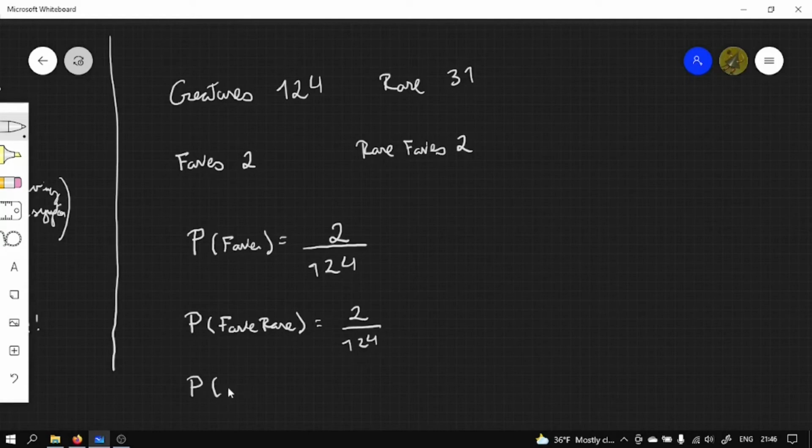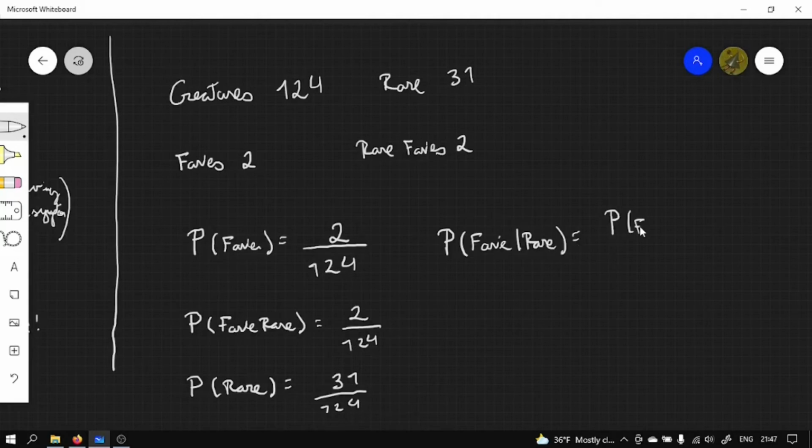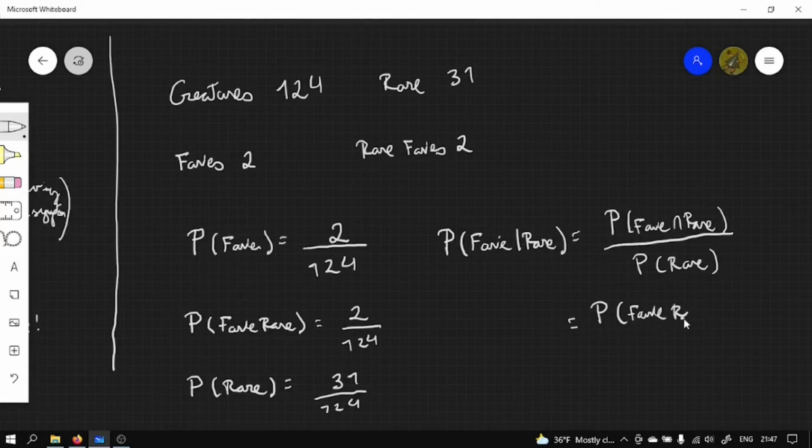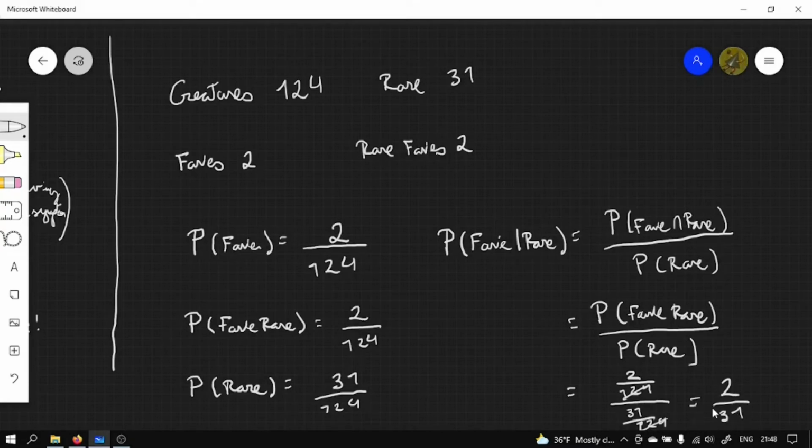The probability of being a rare fairy is 2 over 124. The probability of rare is 31 over 124.